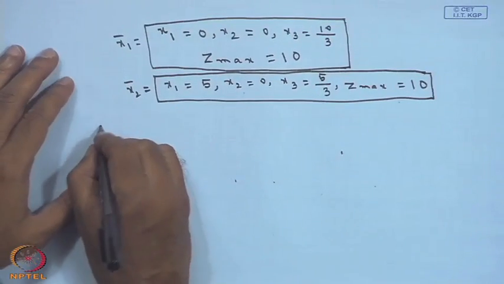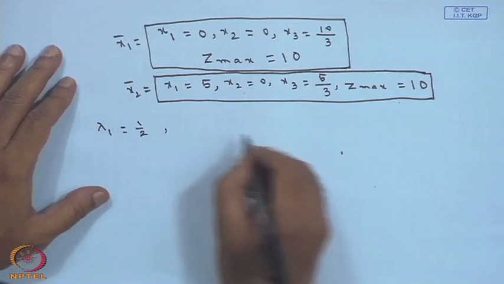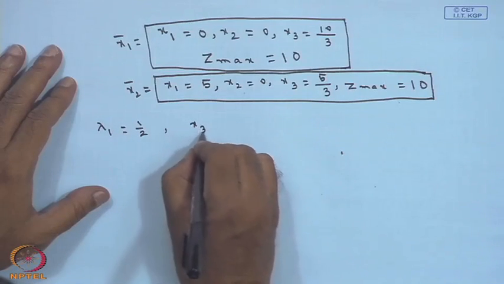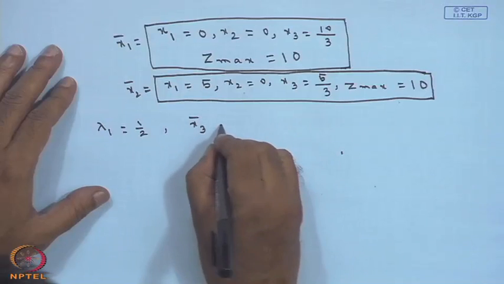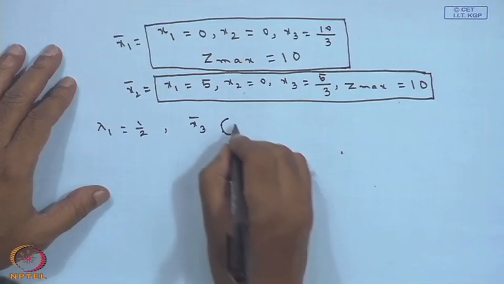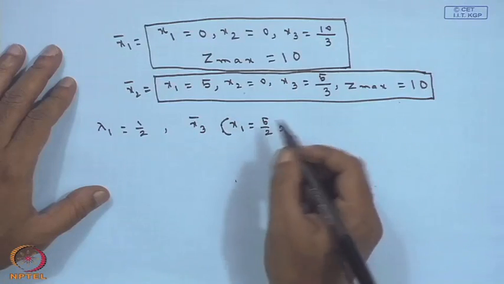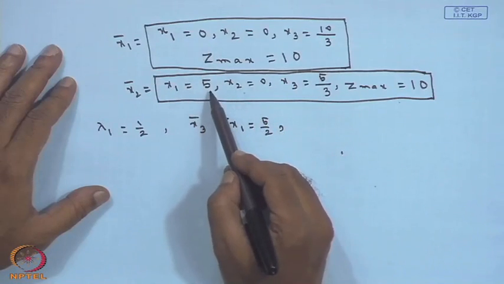So, if you take lambda 1 equals say half, then using that formula you can find x 3 bar. The value of x 1 will be 5 by 2, that is lambda into x 1 plus 1 minus lambda into this.